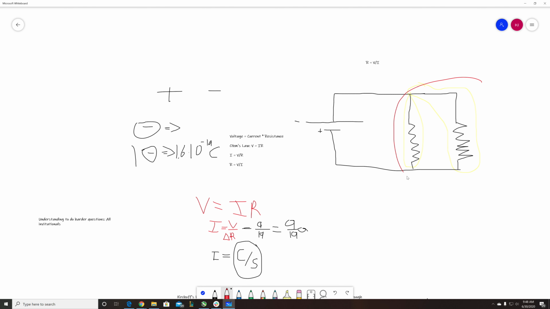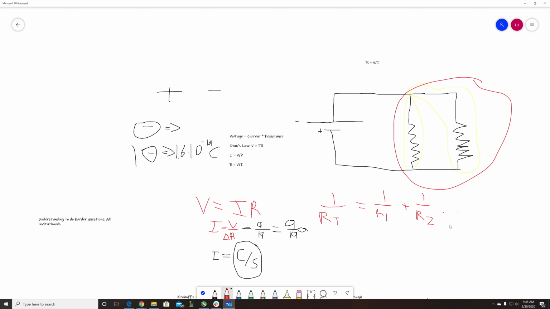The equivalent of this part, the total resistance RT, is equal to 1 over R1 plus 1 over R2. You can continue this on and on forever.